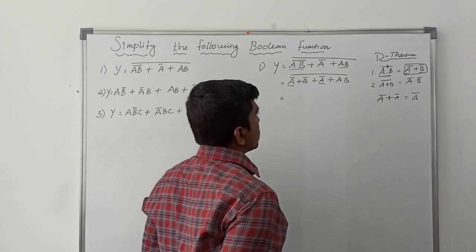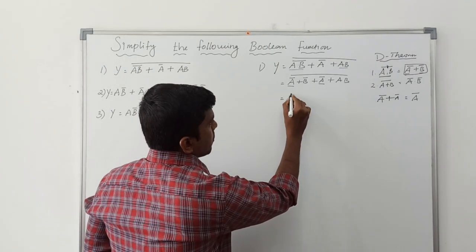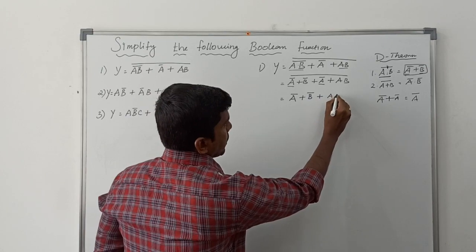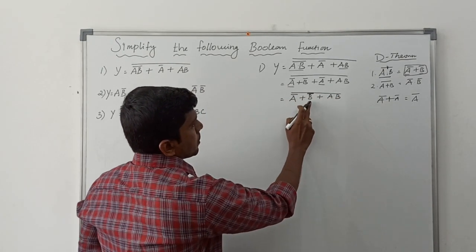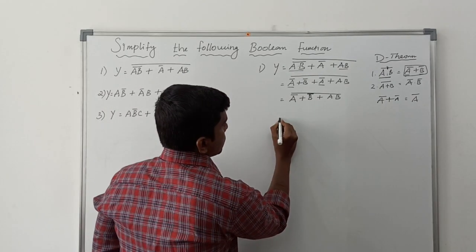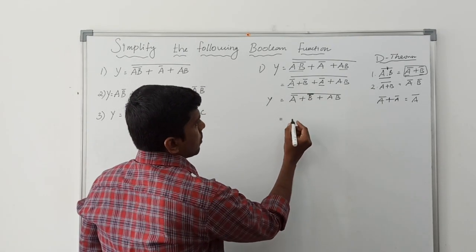This result is substituted in this equation. So Y equal to (A bar plus B bar plus AB) the whole bar.